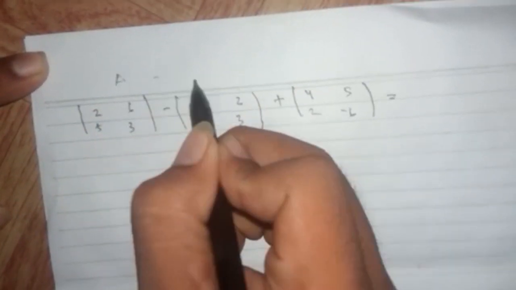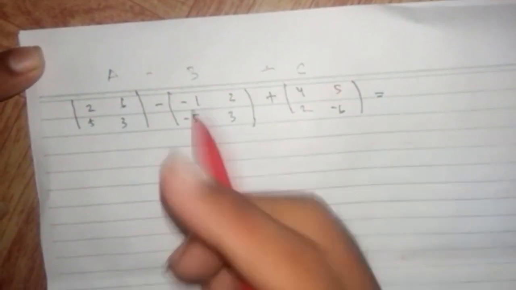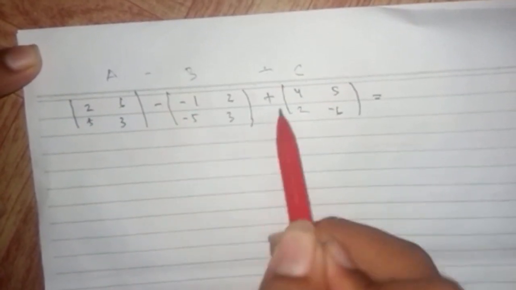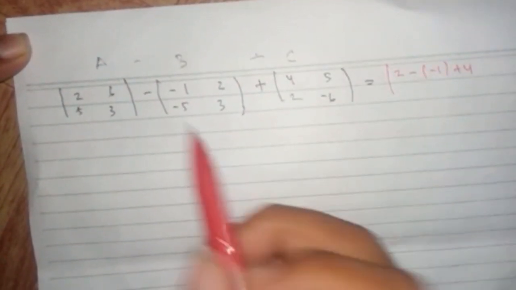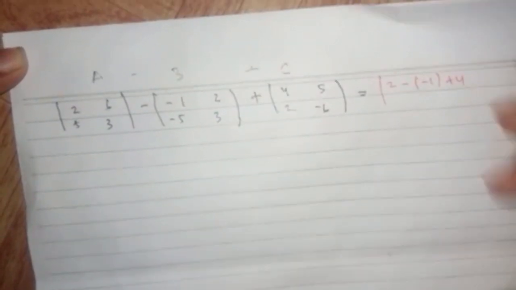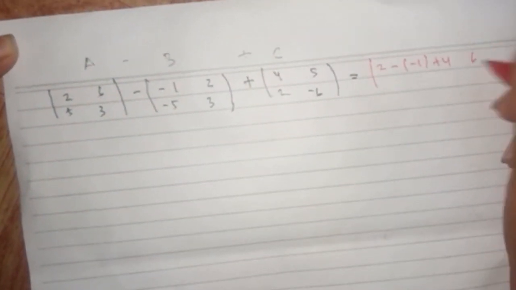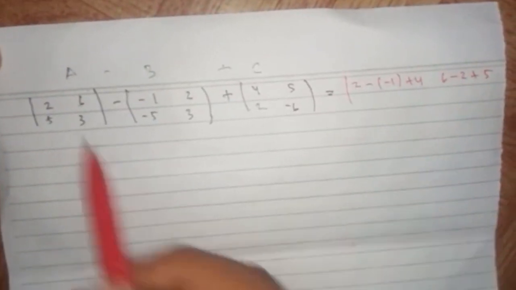Next, matrix combined. Matrix A minus matrix B plus matrix C. 2 minus minus 1 plus 4. Next, 6 minus 2 plus 5.